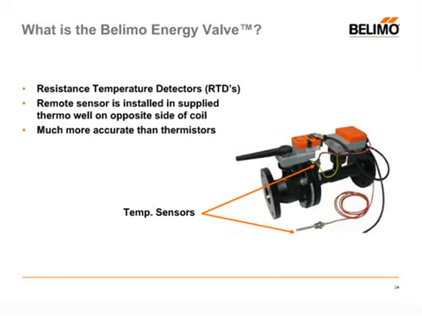Thermistors typically have better operation over a range, whereas RTDs are better for specific temperatures. So again, platinum-based, very robust. Platinum is a very robust material used for very accurate readings, and that's the temperature sensors.